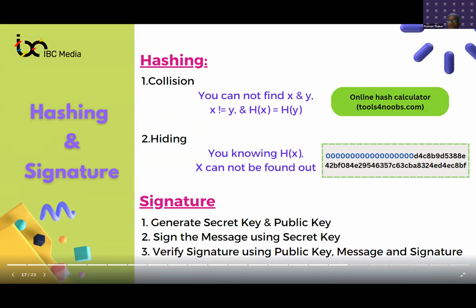For example, if you hash Apple, you get something, but knowing that result, you cannot find that it was Apple. That's the beauty here, number one. Second, if you change a little bit in the input, the outcome becomes completely different. That's the beauty of hashing.